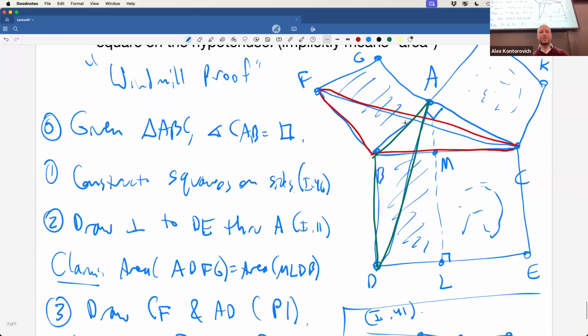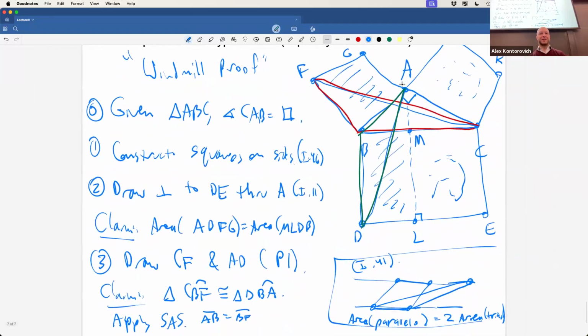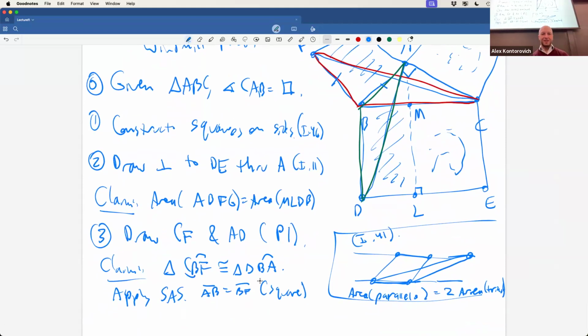Why? Zoom out a little so we can see everything. It's a square. That's the same as that because they're a square. I also claim that BC is the same as BD.